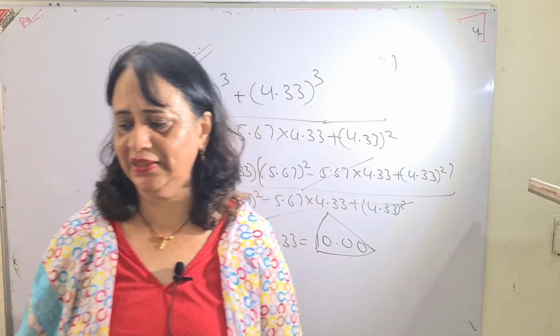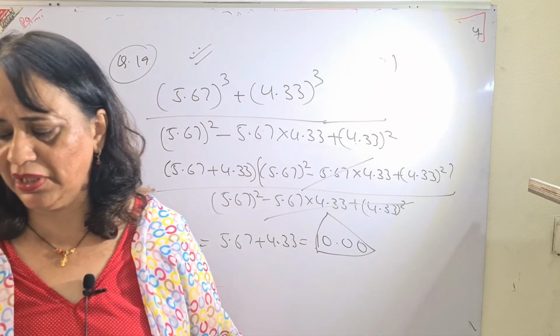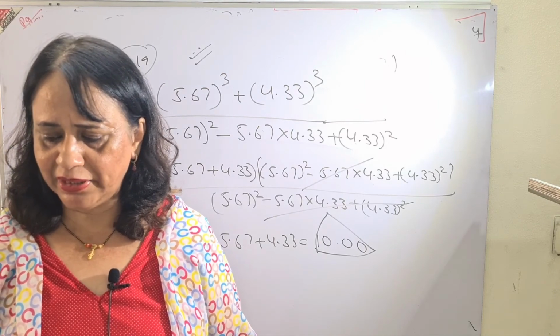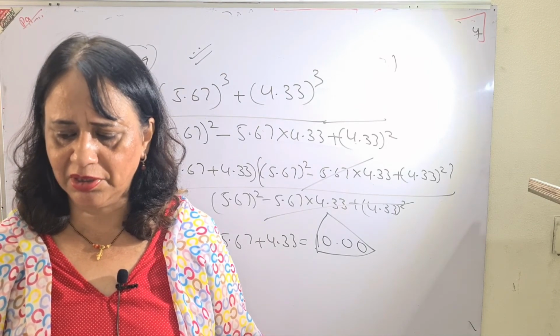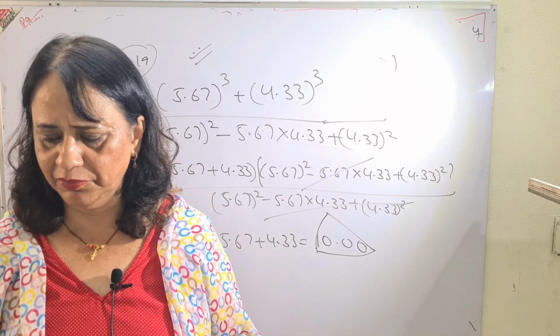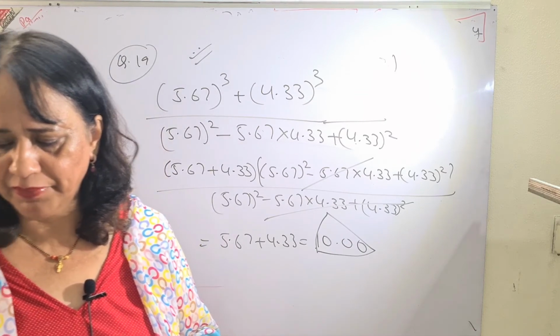The last exercise is the mixture of all the sums, and most of the sums I have discussed with you. You better do all the sums. And children, if there is any problem, you can ask me. You can put those questions in the WhatsApp.